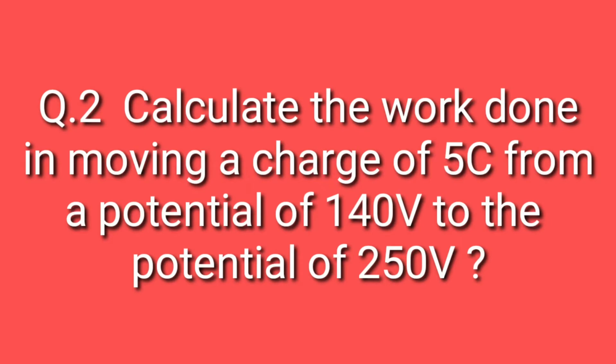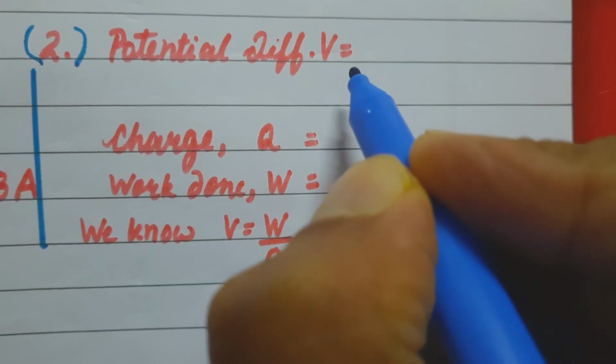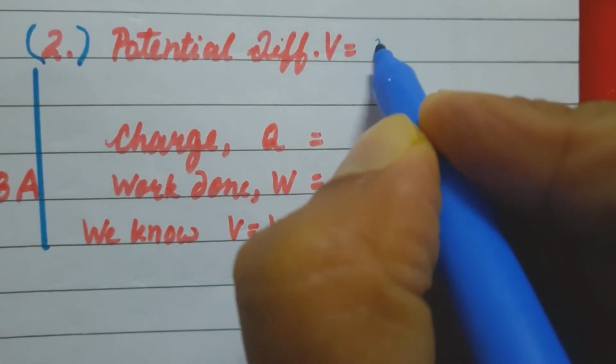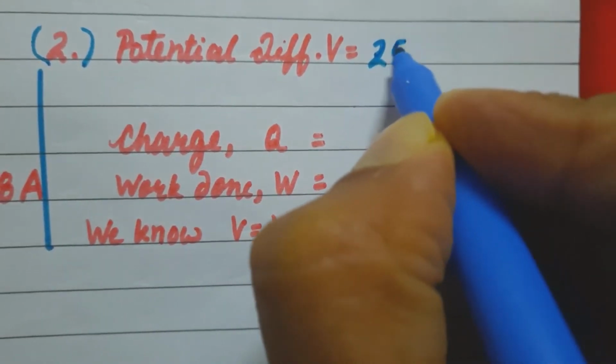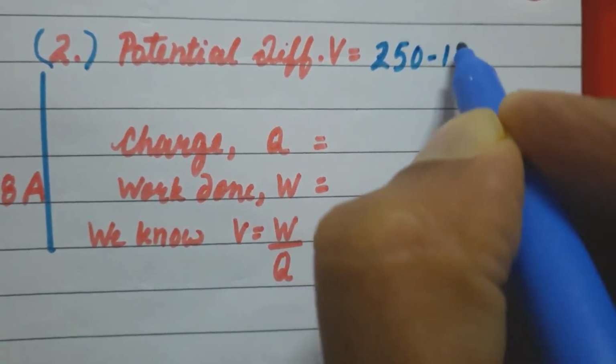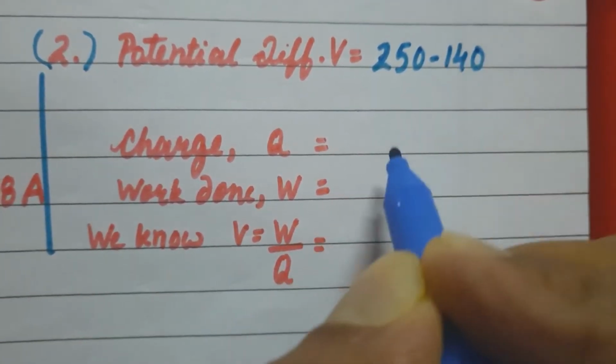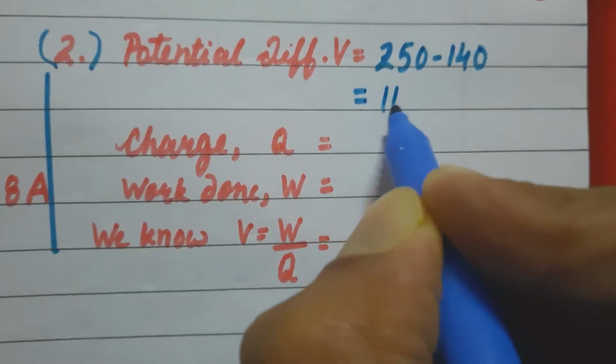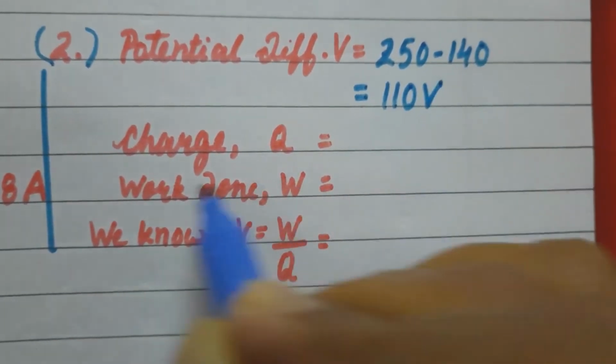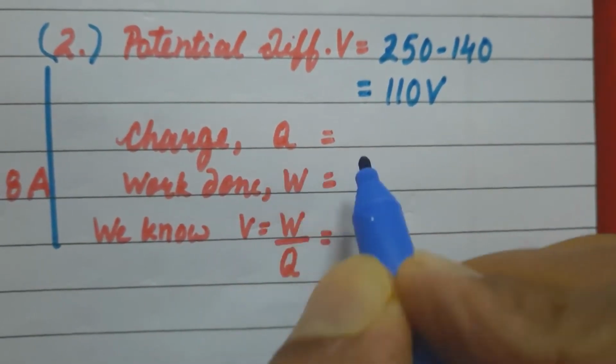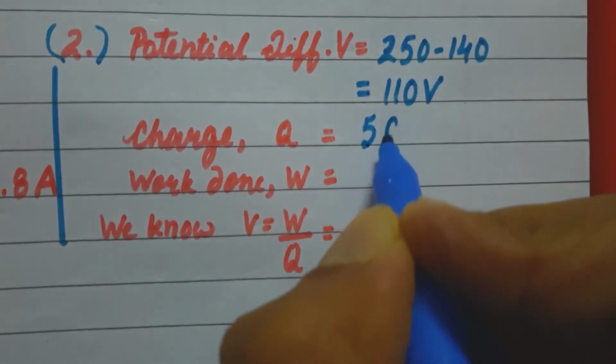Second question. Calculate the work done in moving a charge of 5 coulomb from a potential of 140 volt to the potential of 250 volt. Potential difference V we have to calculate: 250 minus 140. It will be 110 volt. Charge Q is given, that is 5 coulomb.